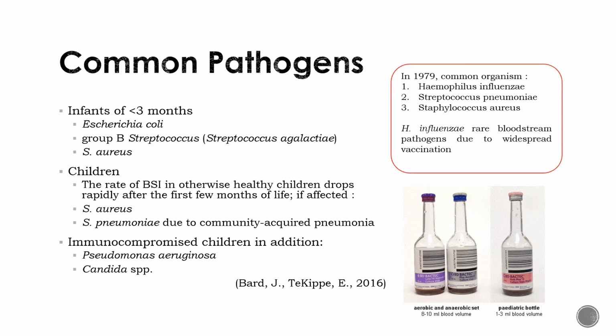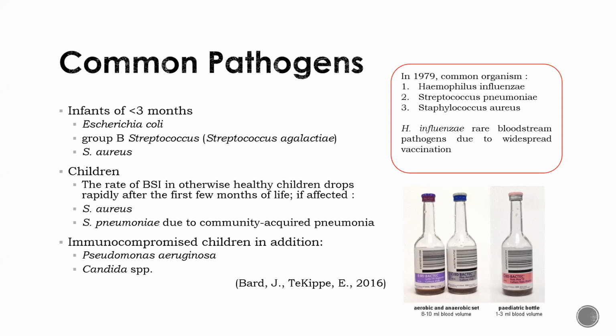In children, the rate of BSI otherwise drops rapidly after the first few months of life. If affected, the common pathogens would be Staphylococcus aureus, Streptococcus pneumoniae due to community acquired pneumonia, or Neisseria meningitidis in adolescents. In addition, in immunocompromised patients, it could be Pseudomonas aeruginosa or Candida species.